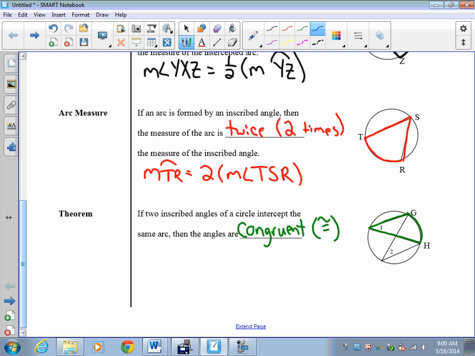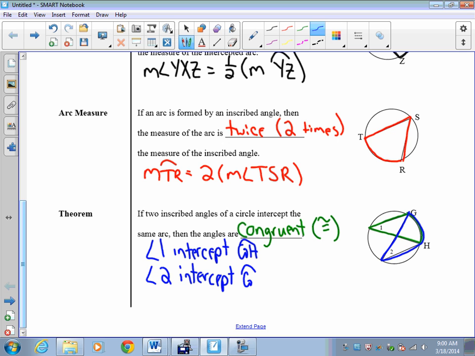And if we take a look at angle 2, we see that its intercepted arc is GH. So angle 1 intercepts arc GH. Angle 2 intercepts arc GH.